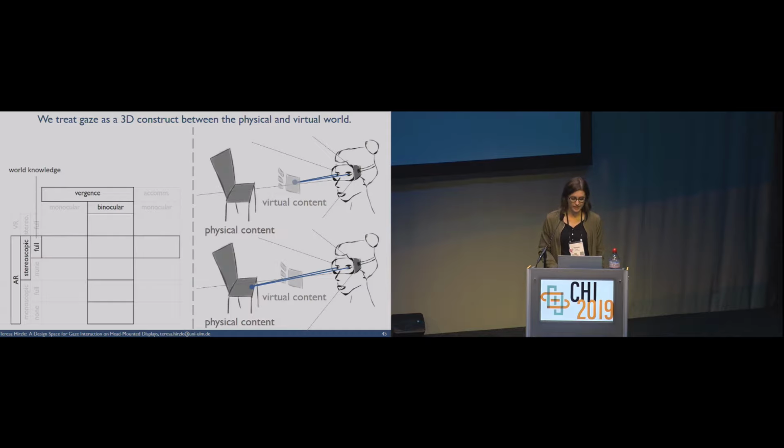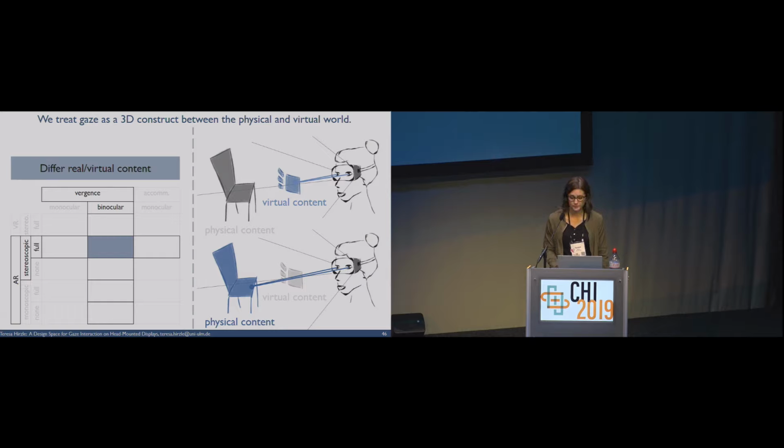Now, if we take the left side into consideration, in this example we took a stereoscopic AR display with full world knowledge, which could be the HoloLens, for example. What we get is information about the physical and the virtual content. So now if we look at the intersection of the column and the row, we can infer whether the person is looking at virtual content or looking at physical content.